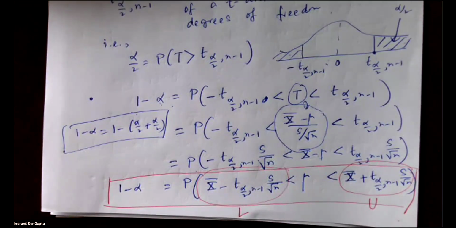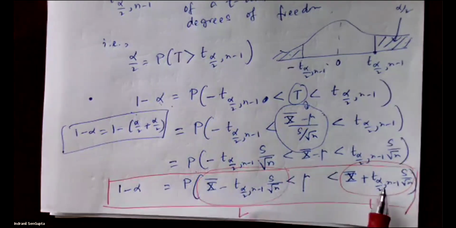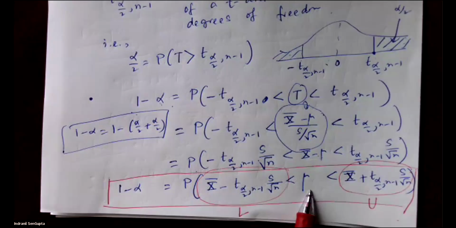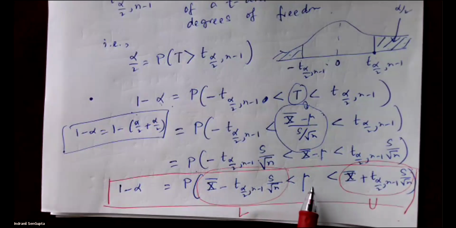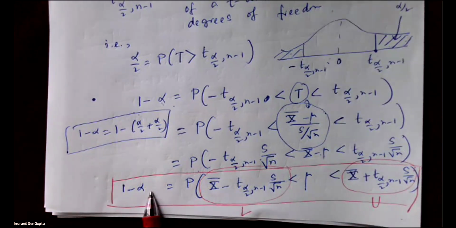If you give me a sample x1 through xn, I can always compute all these numbers. So the probability that the value of mu is in between L and U is given by, and mu is unknown here, so we are trying to estimate the exact mean of the distribution. So mu between these two is with probability 1 minus alpha, right?